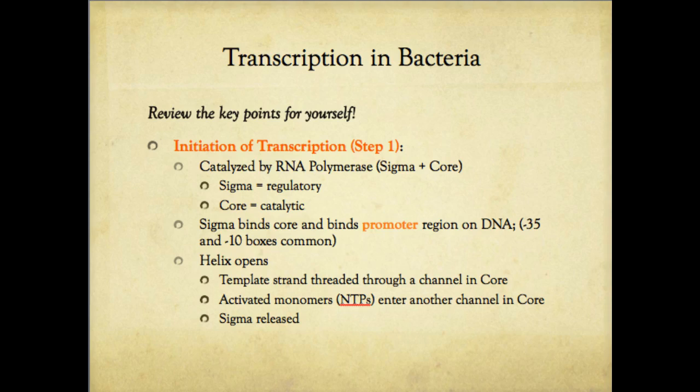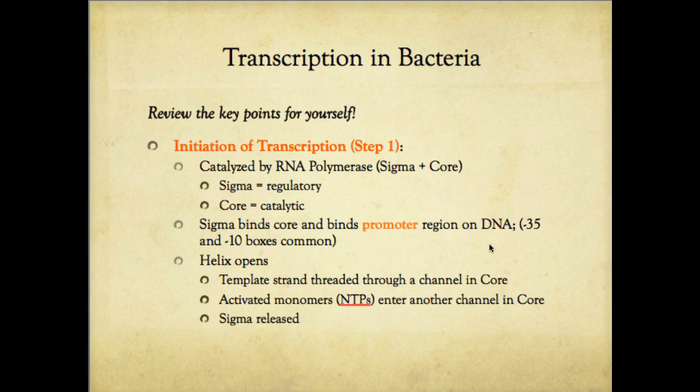And we give those bases negative designations like -10 and -35. So when sigma binds to the promoter of a gene, it's binding upstream or to the left of the beginning of the coding region of the gene. And in bacteria, it binds to very specific locations in a very specific promoter, about -10 and -35 bases upstream from the coding region.